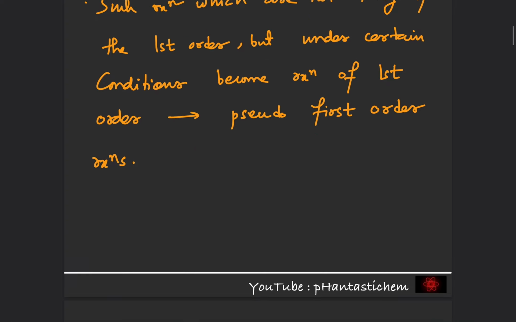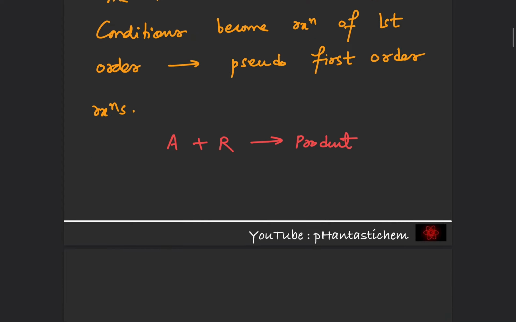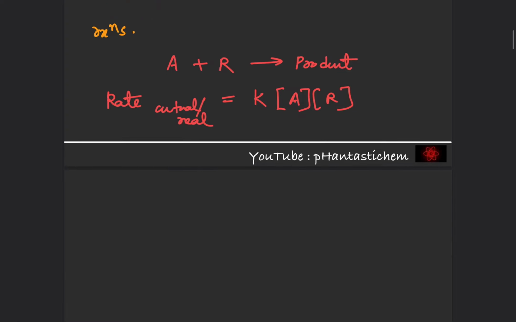For the given reaction, that is, A plus R giving us the product, the actual or the real rate is going to be obviously k into concentration of A into concentration of R, right? But as we have mentioned that R is present in large excess, therefore it will remain almost constant. So therefore we put, and it is given also, that k into R is equal to k dash.